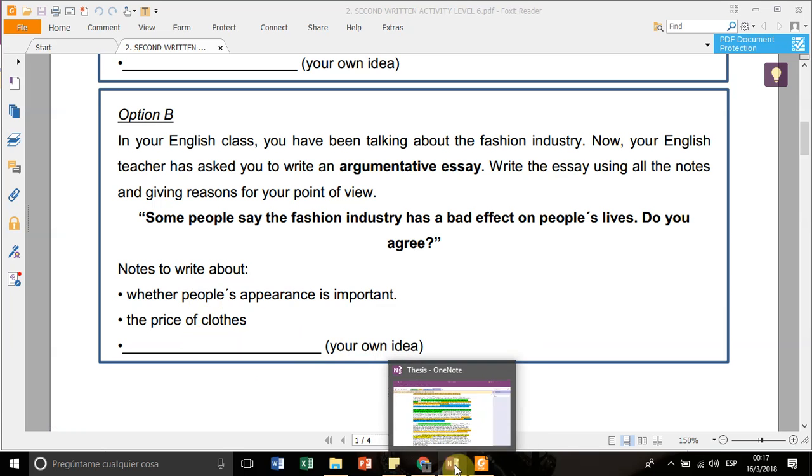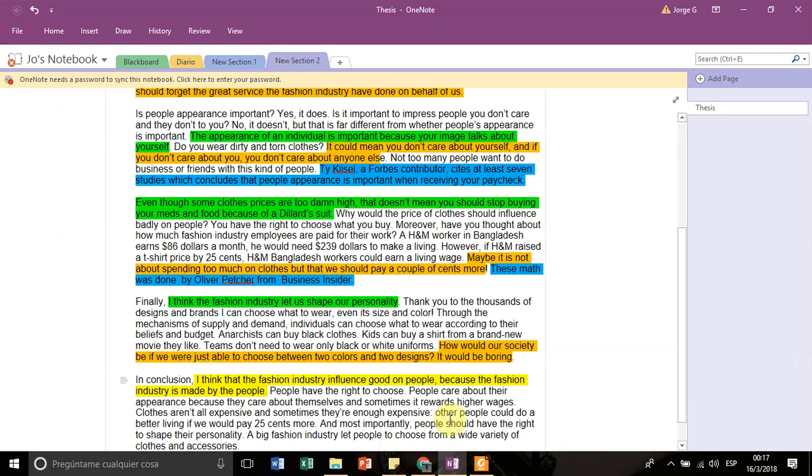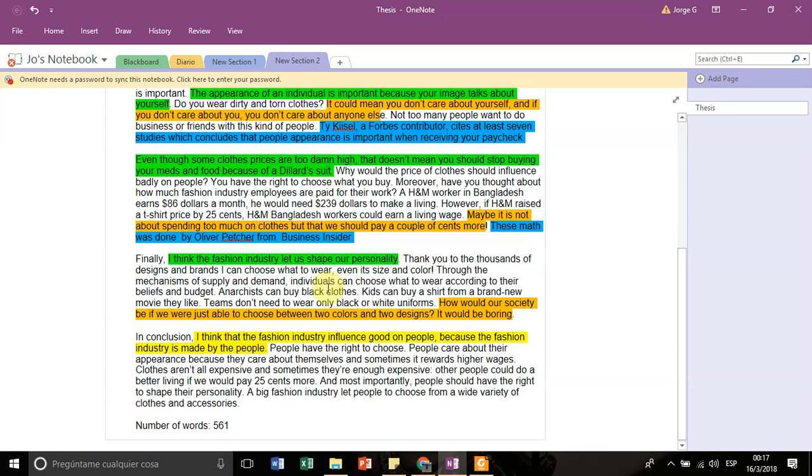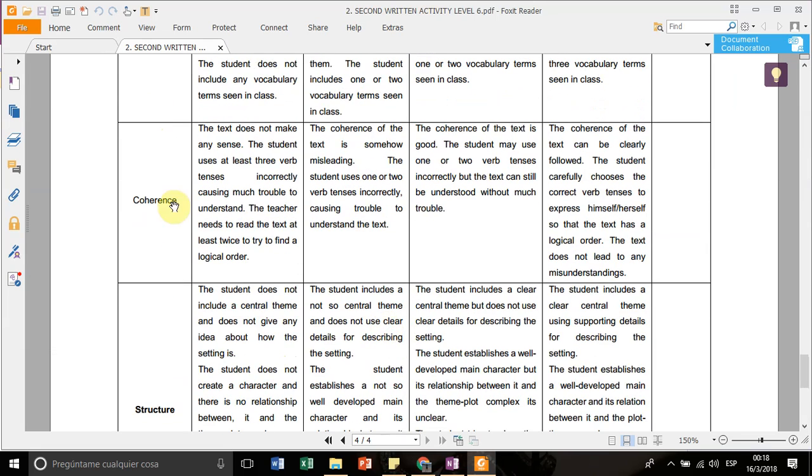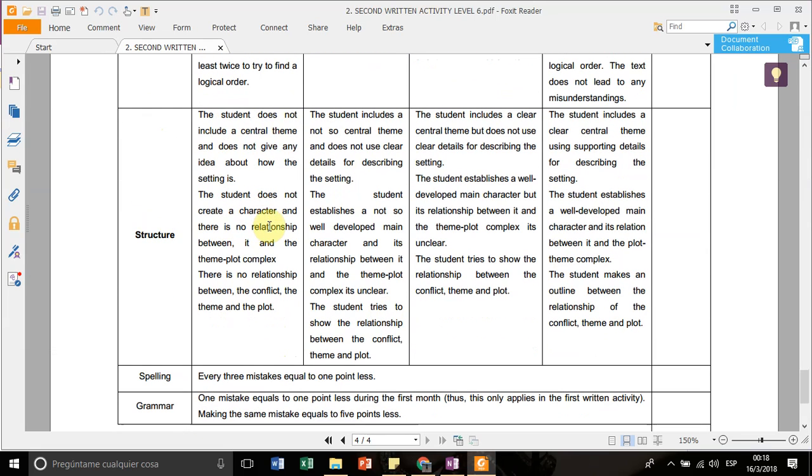Okay, now let's go back to this. And well, the last paragraph is the conclusion, and I recommend you write this as "In conclusion," comma. Please do this, it is easier, and after that you should write your thesis. This will be the best thing you can do with your conclusion, and you'll get a lot more points in the coherence and structure criteria.